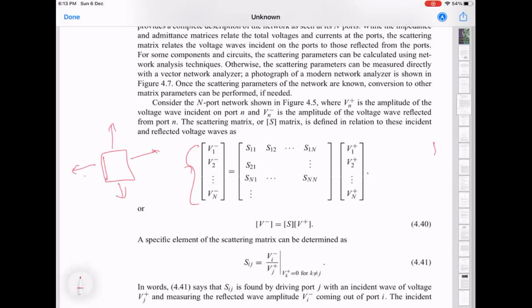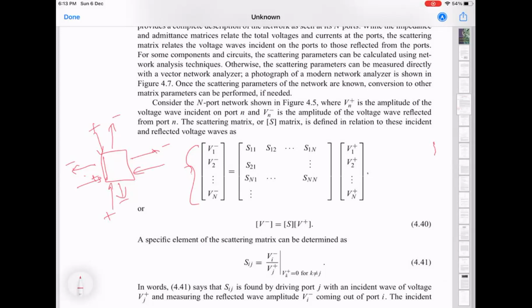All the ones which are leaving the network are what are called reflected waves, or outgoing waves is probably a better definition. So these are all minus, and all the ones which are coming into the network are plus. You have to keep this in mind.